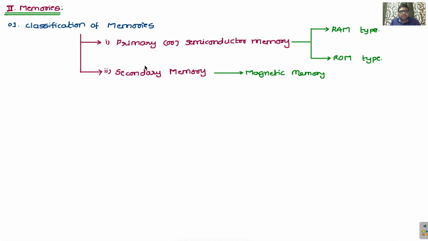The first one is primary or semiconductor type memory, which is again classified into two types: RAM type, random access memory, and read only memory type.